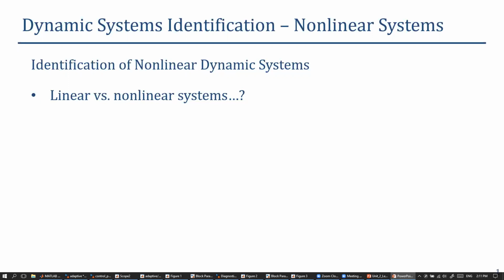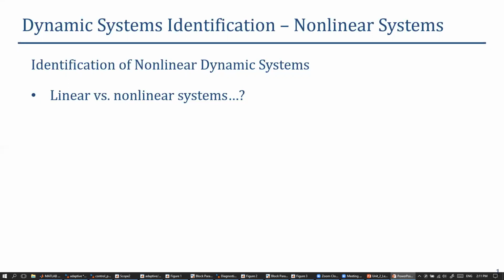Anyone? As you said, if there are some exponential functions, then it's nonlinear. Exponential functions where? In the model description. Yeah. Okay. But now let's take a look at a general case.